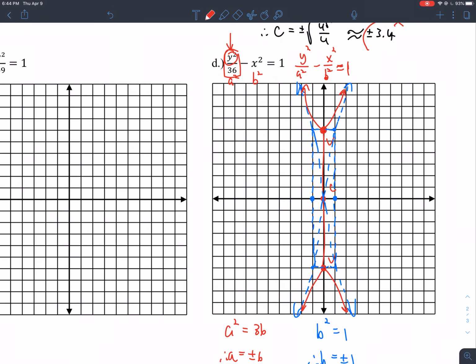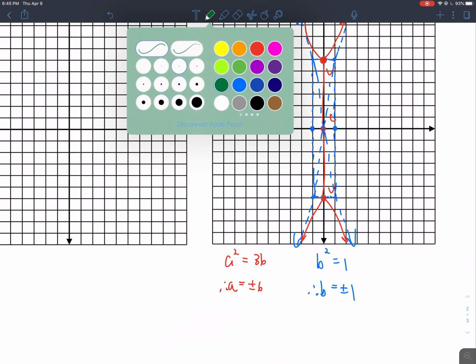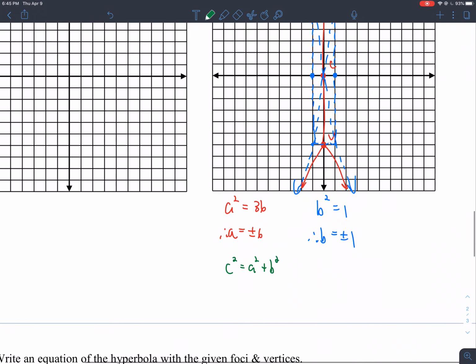The missing feature of my hyperbola is still the foci. I need the foci. So the foci come from c squared equals a squared plus b squared. So c squared is 36 plus 1, which is 37.